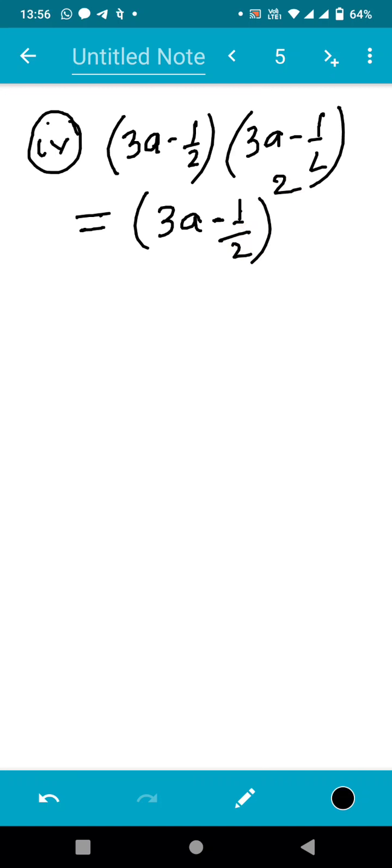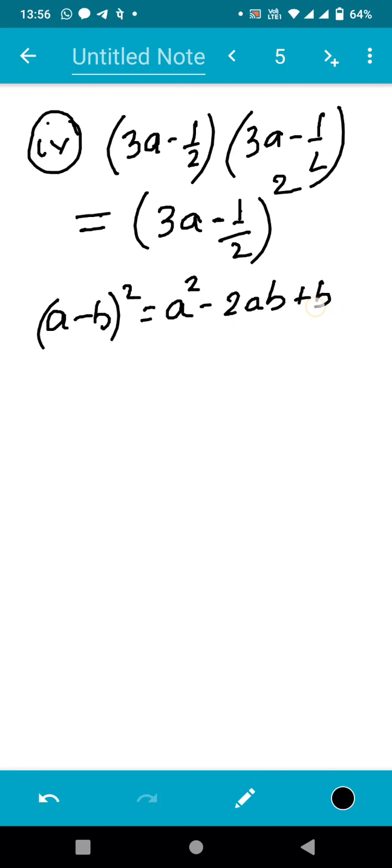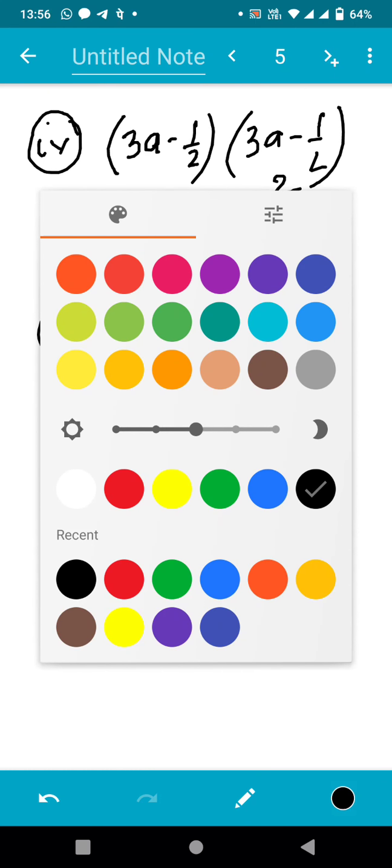Okay, so to do this particular product, we'll again need the second identity, that is a minus b whole square is equals to a square minus 2ab plus b square. Fine, so let's do this.